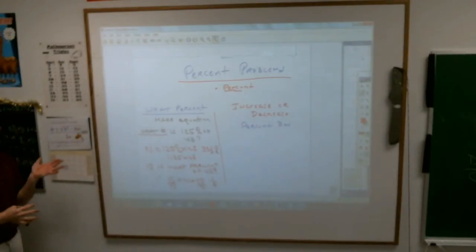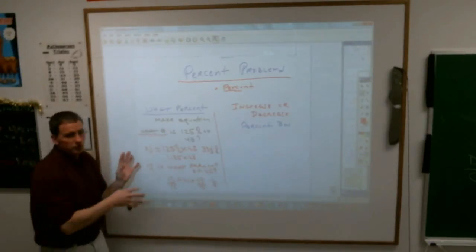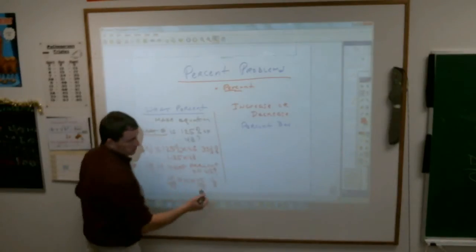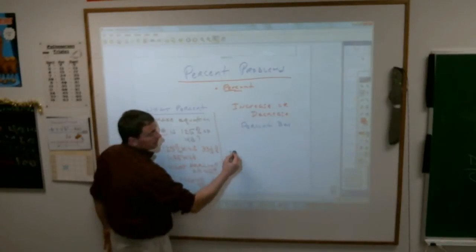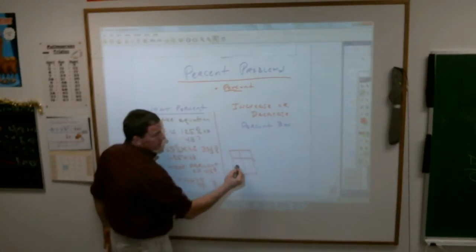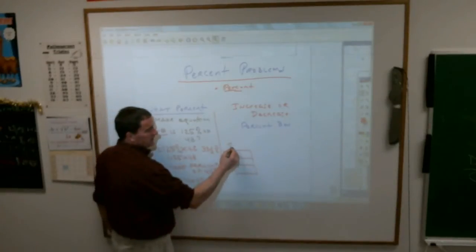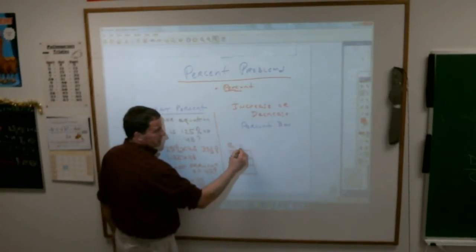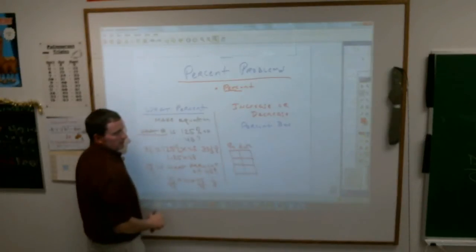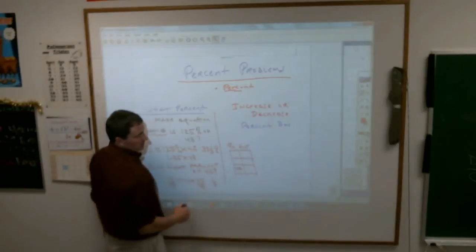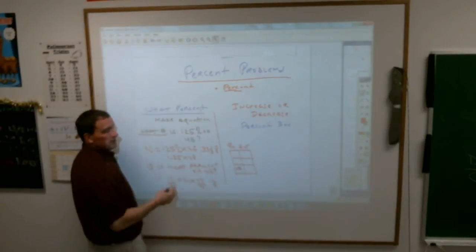Again, let me show you. You can do this with a fraction box. This is how it would look, fraction box wise. I would say you don't have to, nor do you really want to, but you could. You've got the percent here, and the actual numbers here. The bottom one, in this case, is 100%. 15 is what percent of 45?